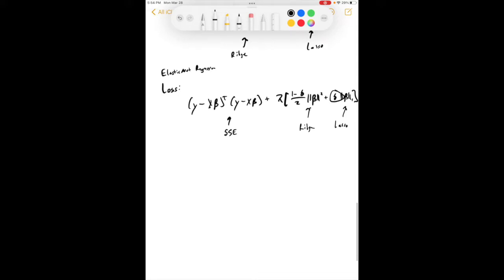Now what this delta, this mixing parameter, really allows us to do is control how harsh the regularization is. So if delta is equal to 0, then we're actually going to end up with ridge regression.